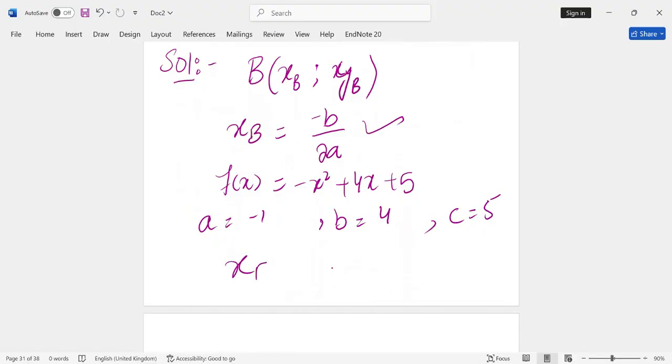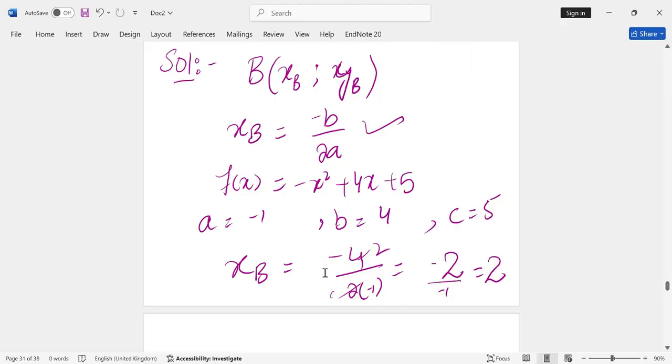We have x_B that is equals to minus 4 by 2 into minus 1, that is equals to positive 2, because we have the minus 1 and minus 2, and the answer is positive 2. All right. So this is the value of x_B, the x coordinate.